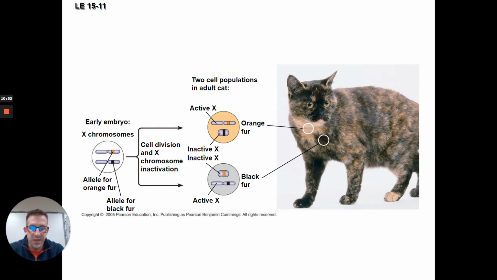Now, this is also seen in human females. Okay, and I'll show you a picture when we get back together in person. But human females actually have a situation where some of their cells in their skin will deactivate the sweat glands.